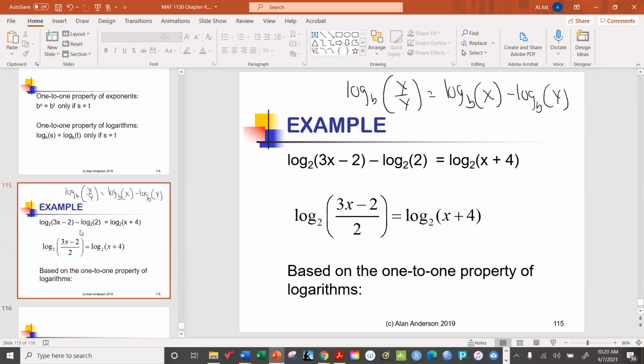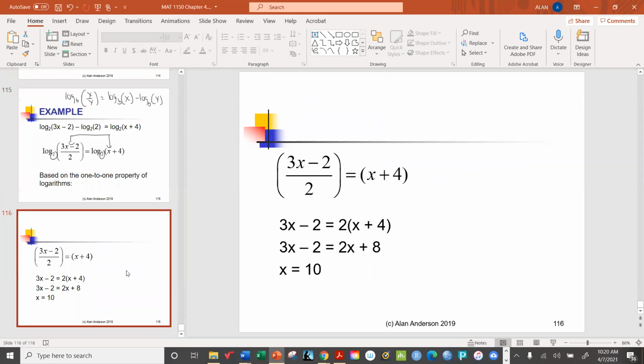All right. And then on the right-hand side, we leave it the way it is. But now we have the same base. So we know that these two have to equal each other. So we can just set them directly to each other. 3x over 2 must equal x plus 4.